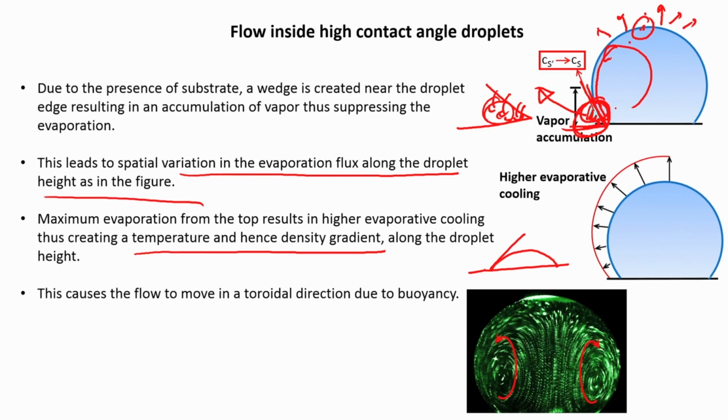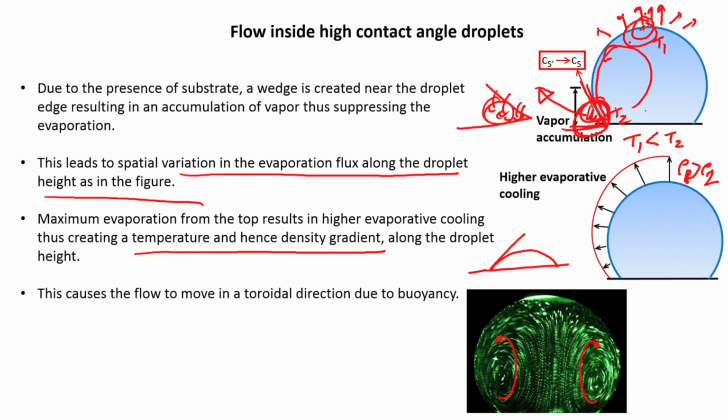Here in this case, because there is a lot of evaporation happening over here, locally this temperature, let us say it is T1 and this is T2. So, T1 is basically marginally lower than T2, marginally. As a result, if you talk about rho 1 and rho 2, rho 1 is marginally higher than rho 2, correct.